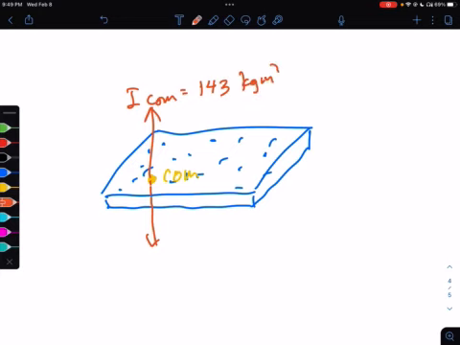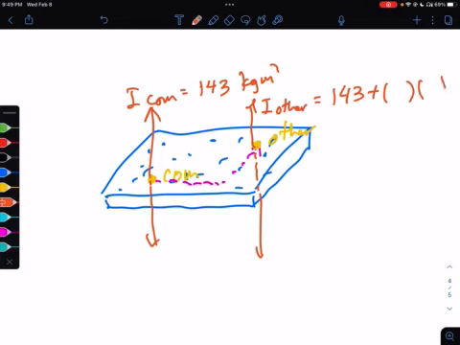And you decide, you know what, I'm going to move this way and this way. I'm going to pick a new spot. This is other. I'm going to draw that line of rotation parallel to the first line. This is going to be my I other. Well, it's going to be 143 plus total mass times something squared.